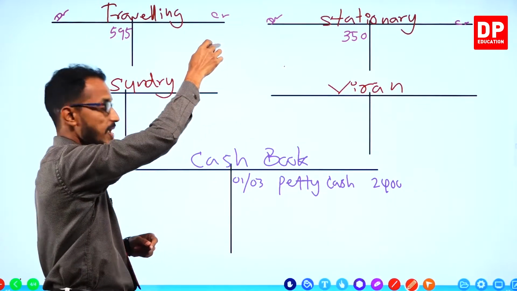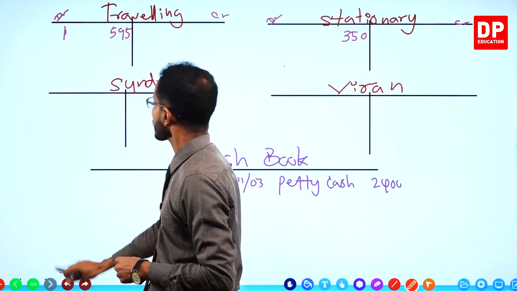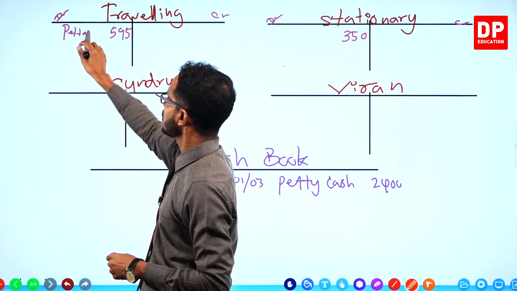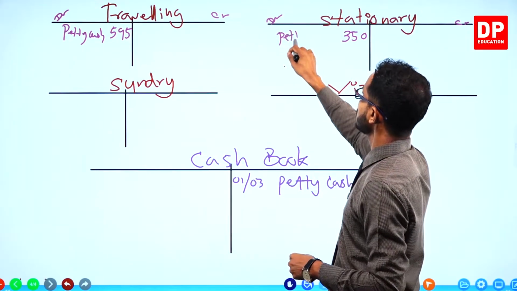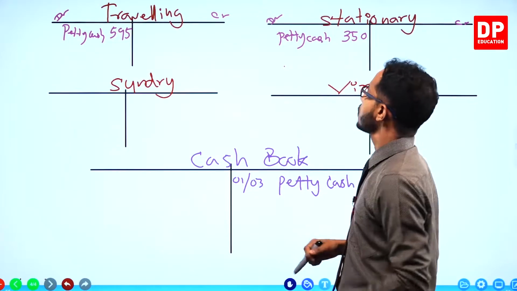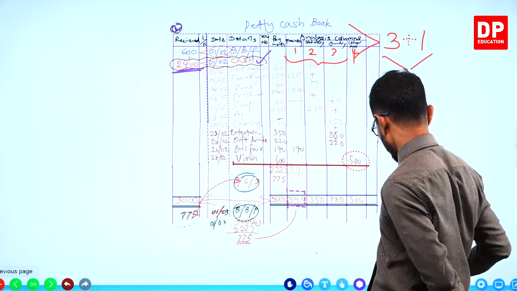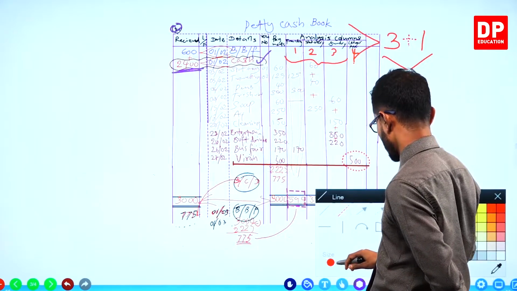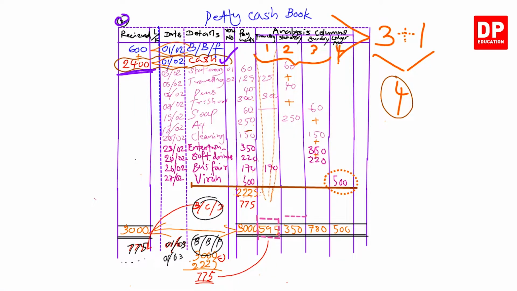Description, petty cash. Here also description, petty cash. $350 we recorded, then that's all right.